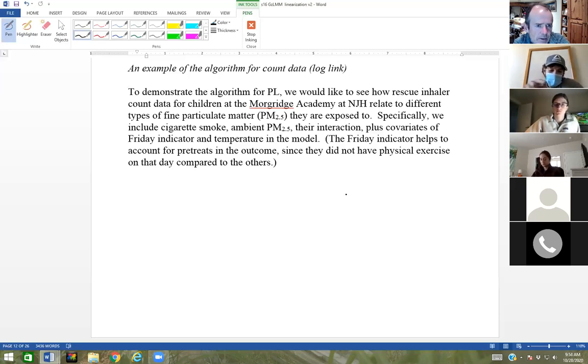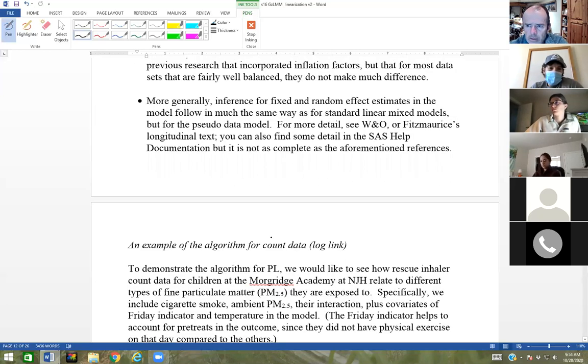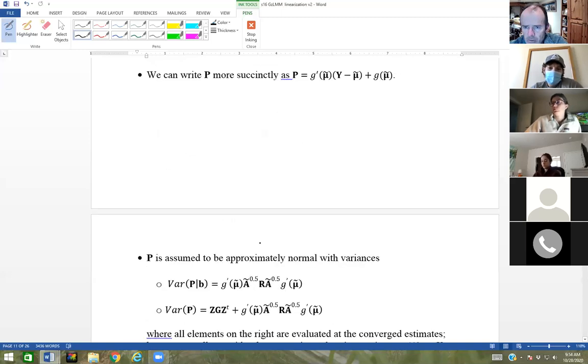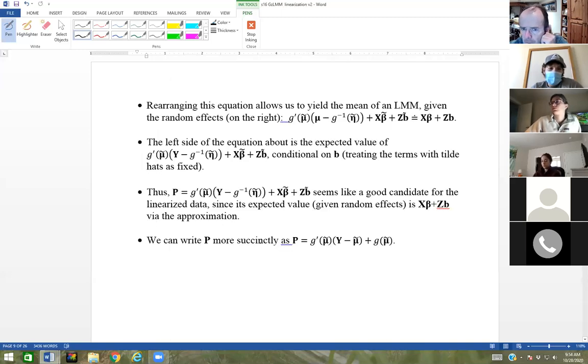Your first beta tilde, that affects your convergence, correct? Because you start from there and then you do a Taylor expansion and then you reiterate, if I understand this correctly.